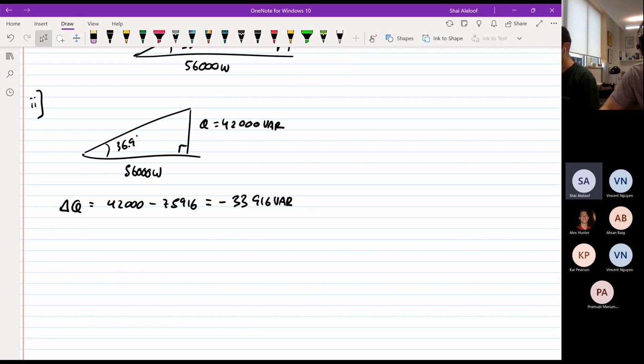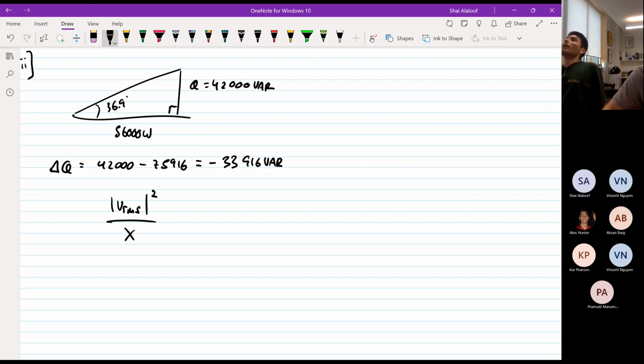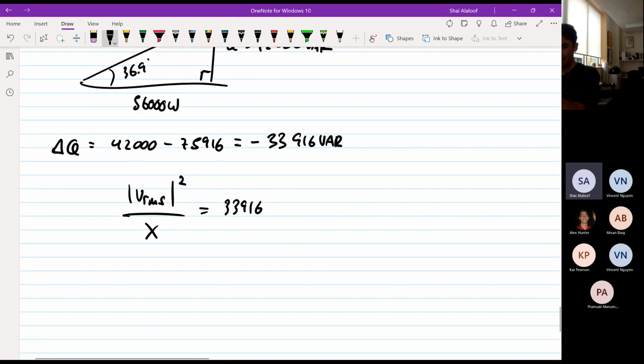I think it comes from the power that a capacitor creates, V squared on R. So it's the VRMS magnitude whole squared over X, where X is the reactance of the capacitor, equal to this. Basically this is saying the capacitor is the reason for the change in Q, the reactive power in the circuit. I almost said quality factor. It's annoying that they're the same letter.